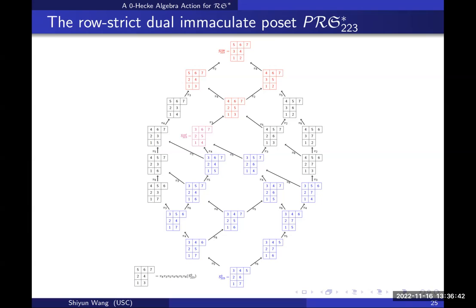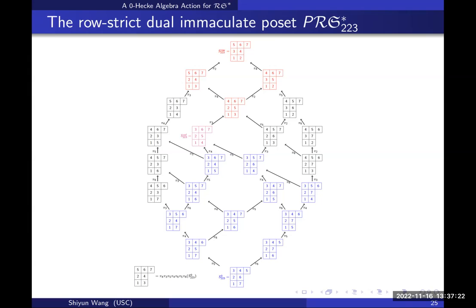If you have more up there, you go up with consecutive positive numbers 1, 2, 3, and then from left to right for each row. Those will be the minimum element for all alpha. Then you can generate the poset from there, and we can always get a maximum element in our poset, counted this way: 1, 2, 3, 4, 5, 6, 7, from left to right, from bottom to top.